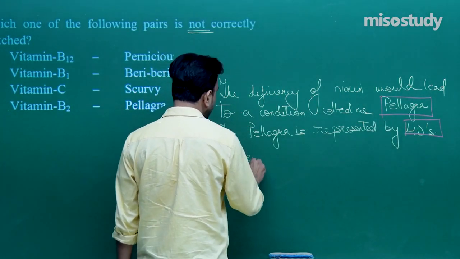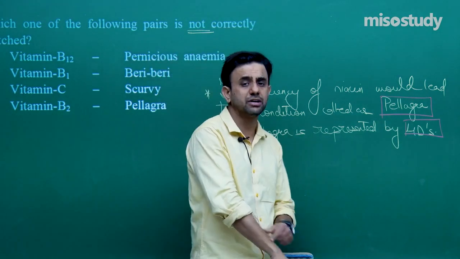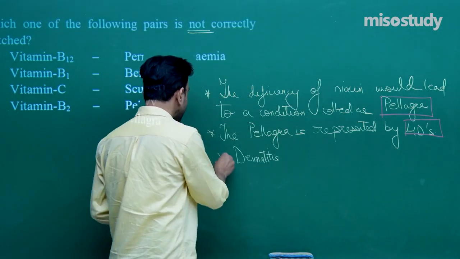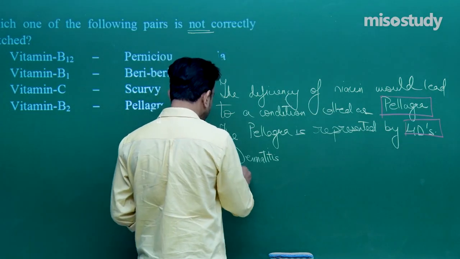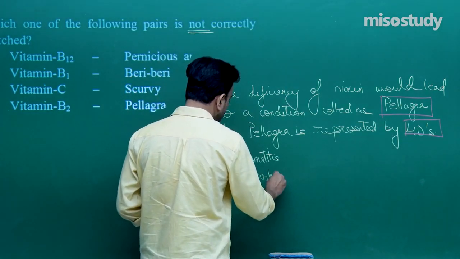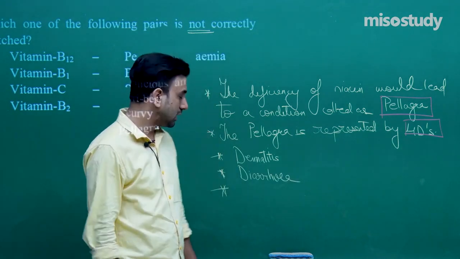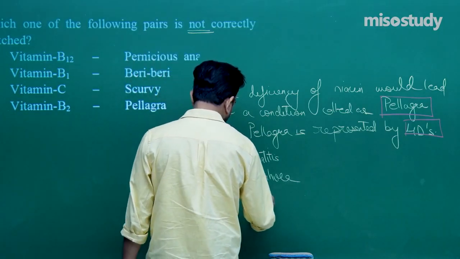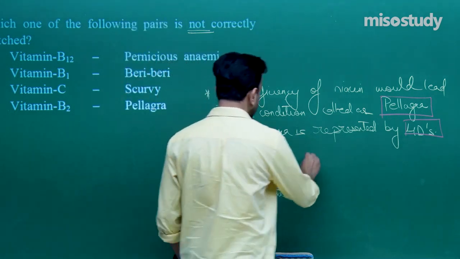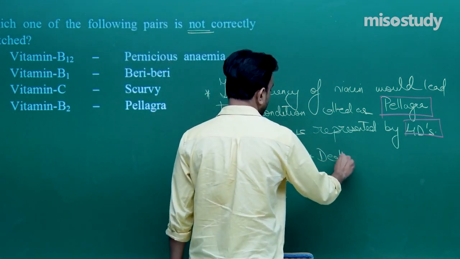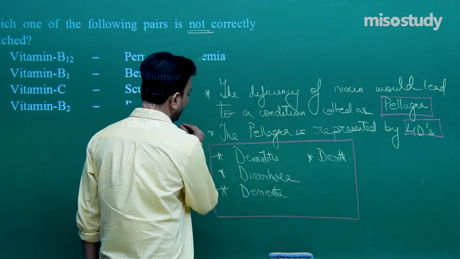What will we see here? We will see dermatitis, a disease and infection of the skin. After dermatitis, we are going to see diarrhea, and after diarrhea, dementia, and then after dementia, death.